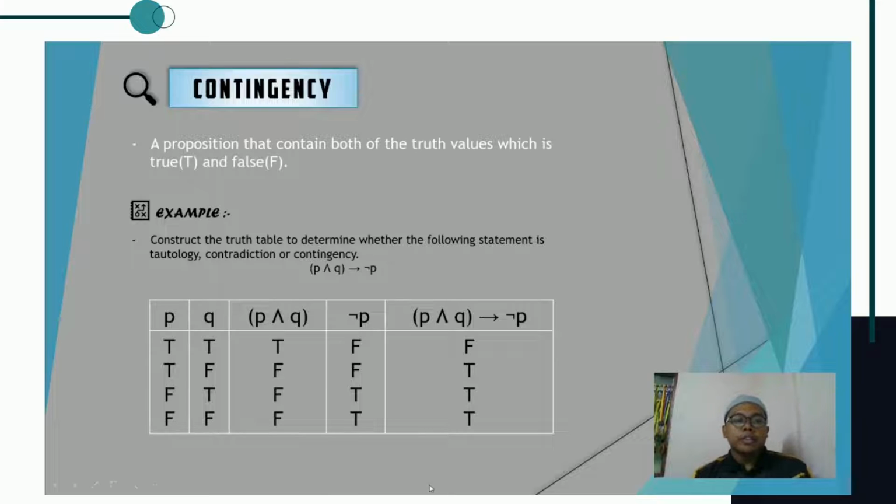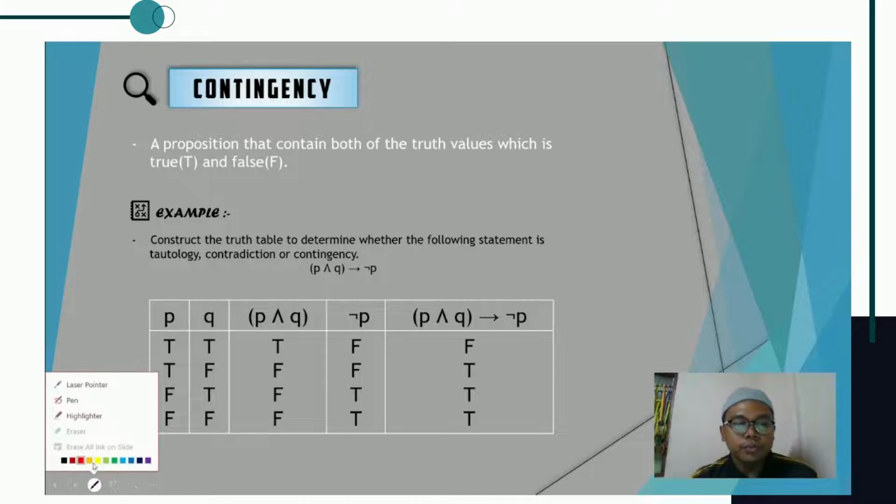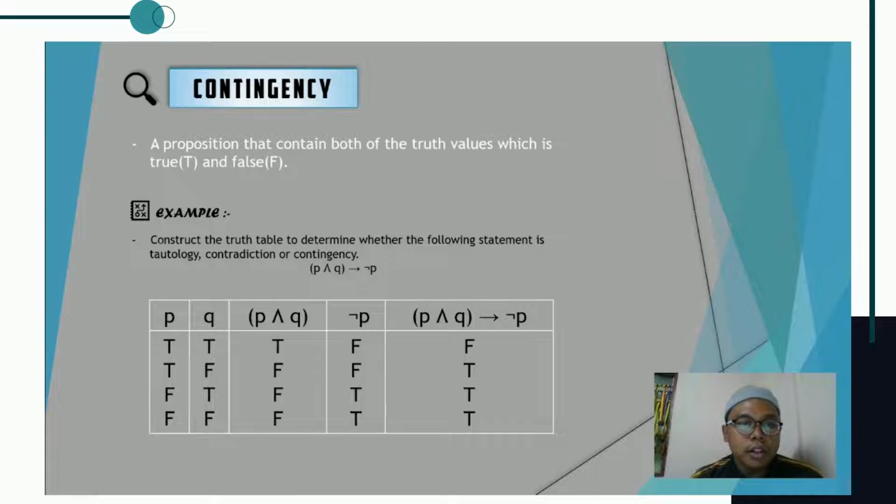Okay, the question asks to construct the truth table. We have two variables P and Q. If we have two variables, we have 4 lines for truth value, which is for P: true, true, false, false, and Q: true, false, true, false.